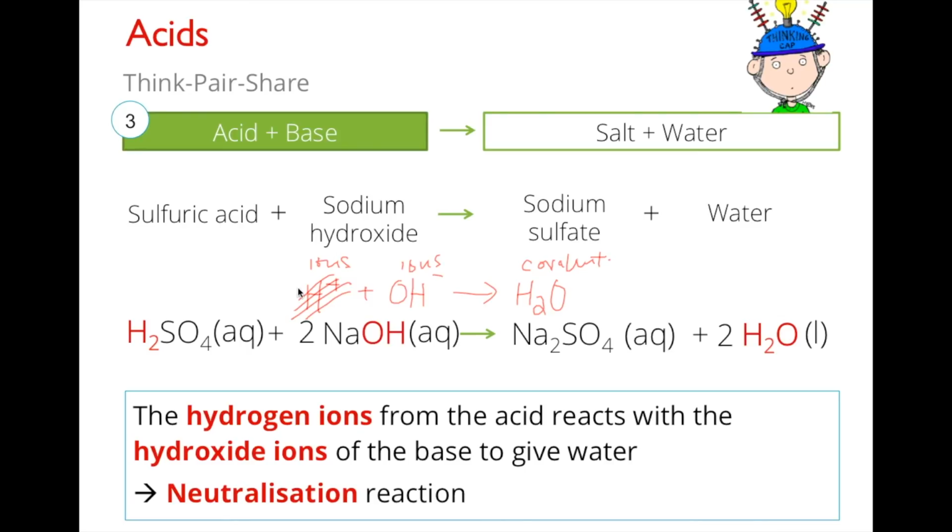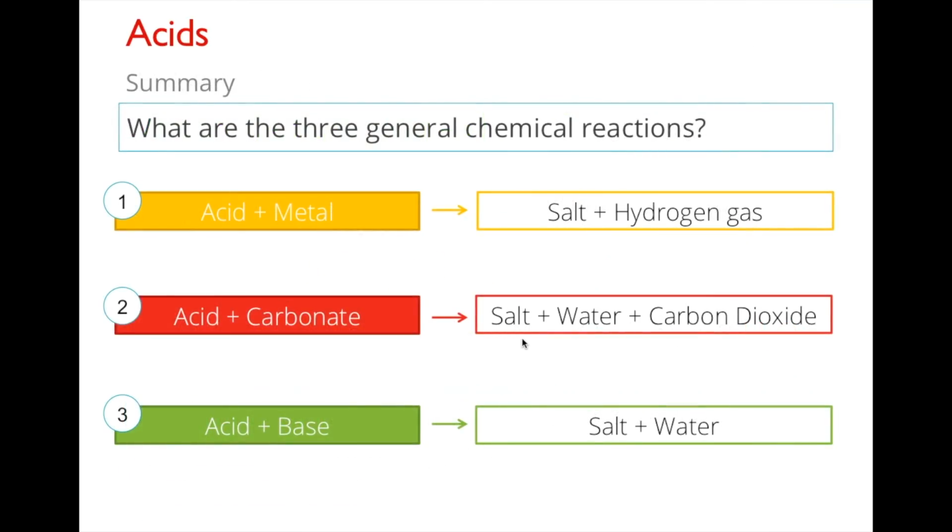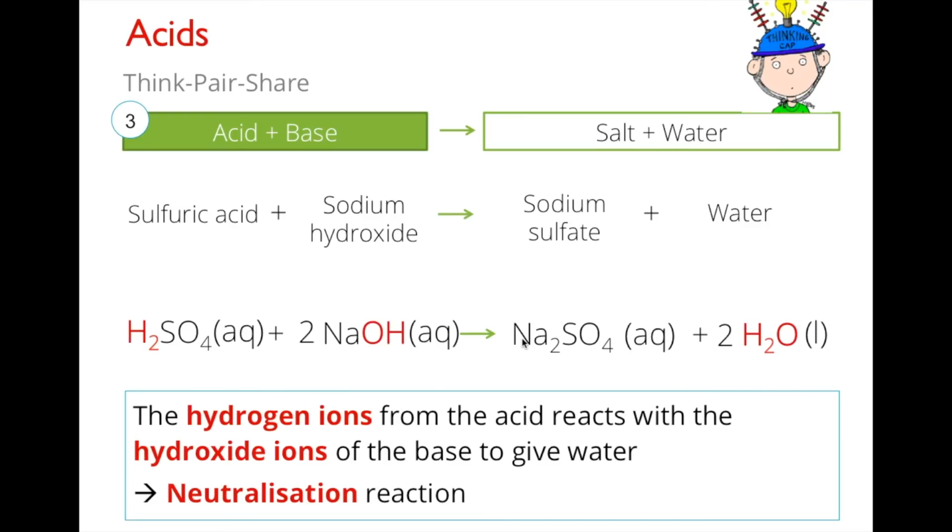So this is known as a neutralization reaction. It neutralizes the solution. It becomes neutral, because what we form on the right hand side is not an acidic or basic compound. So on the right hand side, this is neutral.